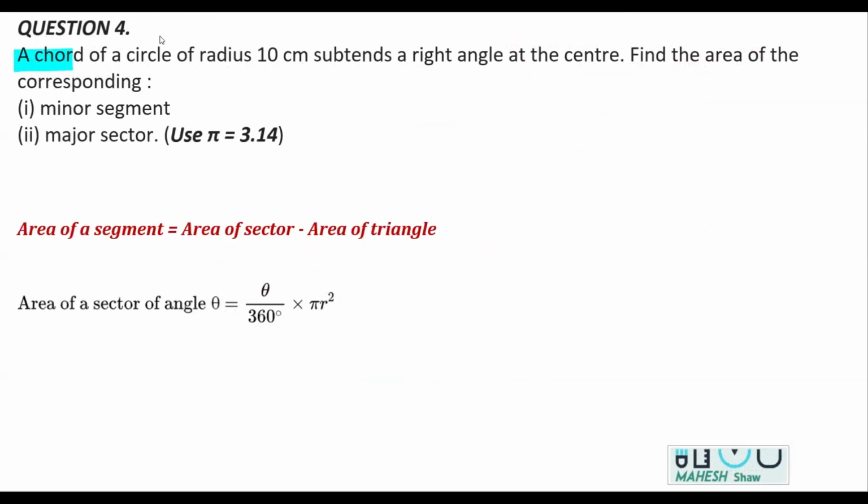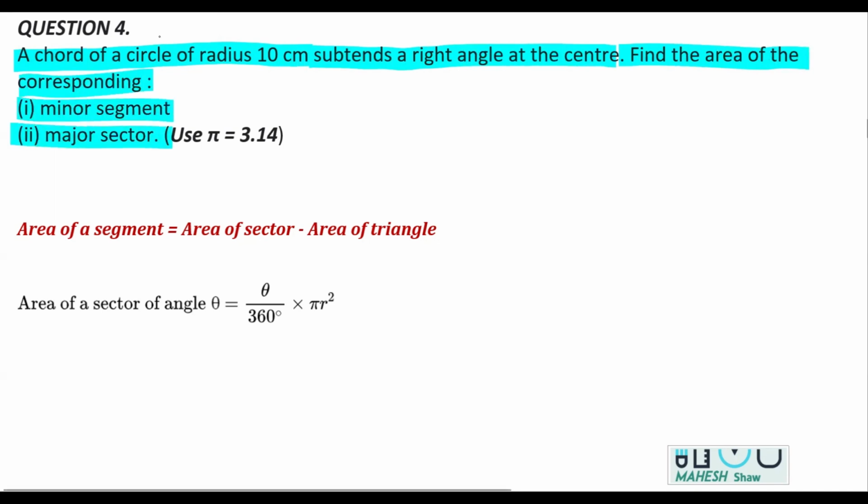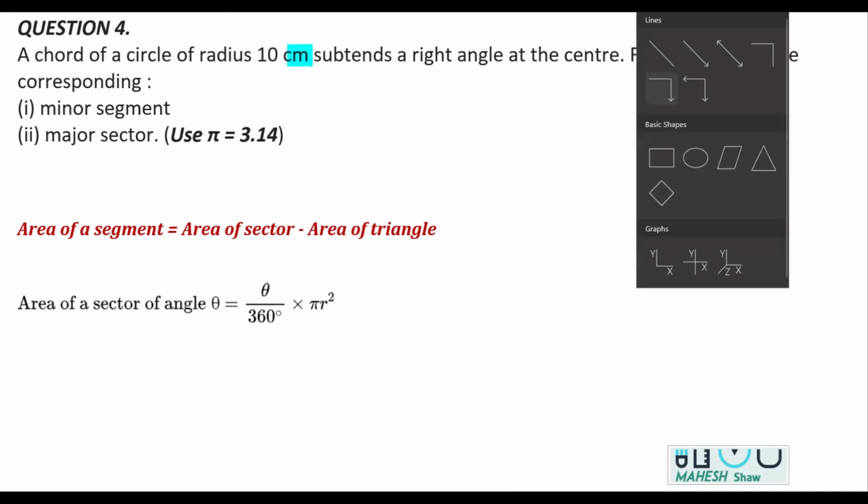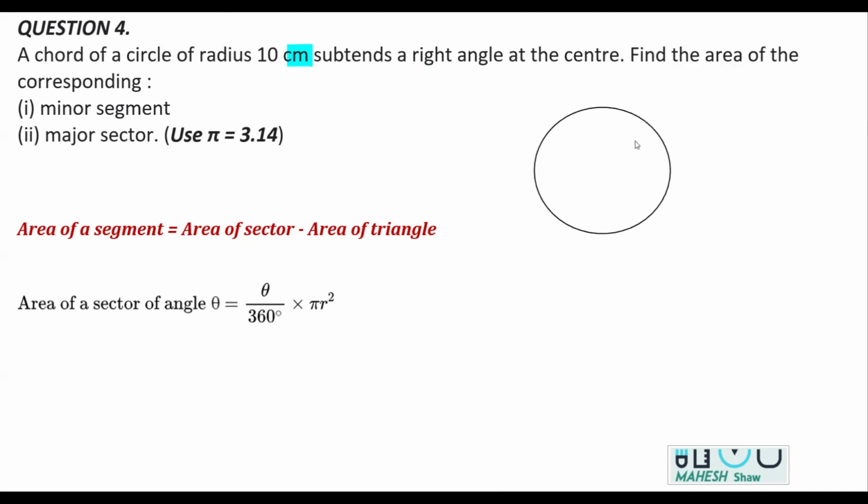In the next question, it says a chord of a circle of radius 10 centimeter subtends a right angle at the center. We have to find the area of the corresponding minor segment and major sector. So let's first draw a circle, and I'm taking this as the center and making an angle of 90 degree at the center.